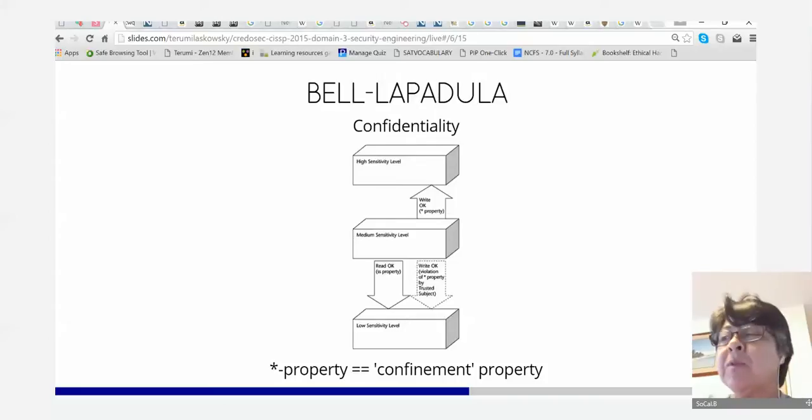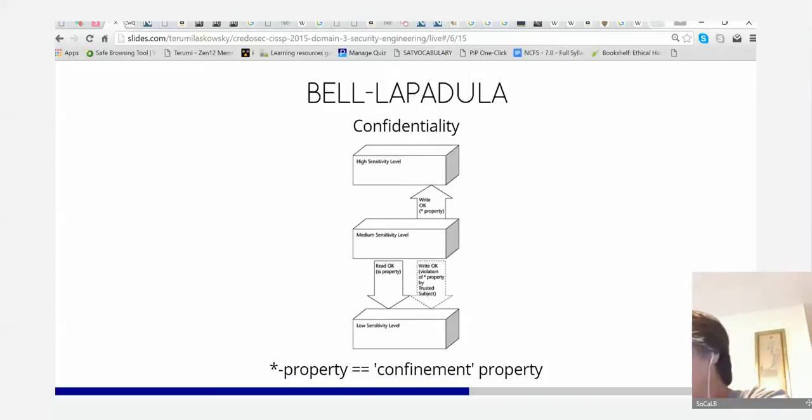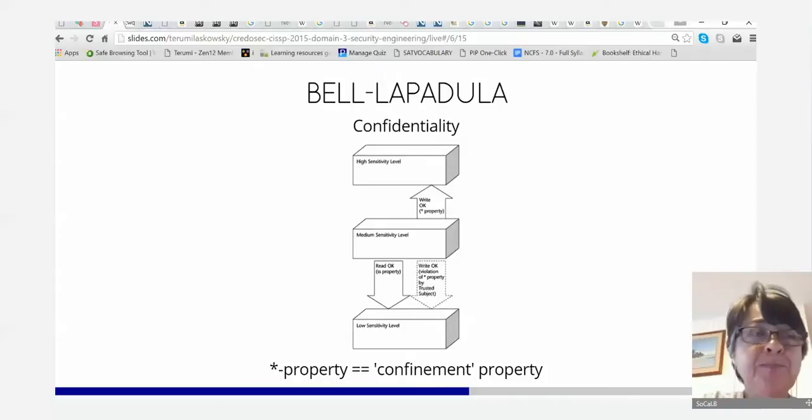In general, if you are at the medium sensitivity level, you cannot provide that information to the lower sensitivity level. You cannot divulge that information, except there's an exception where you can provide information from the medium sensitivity level to the lower sensitivity level.